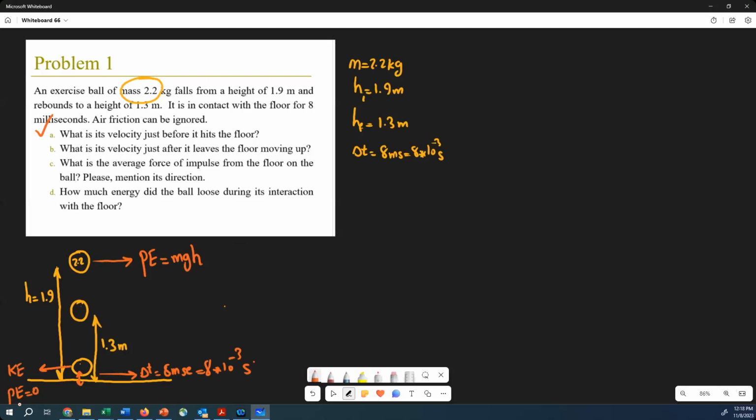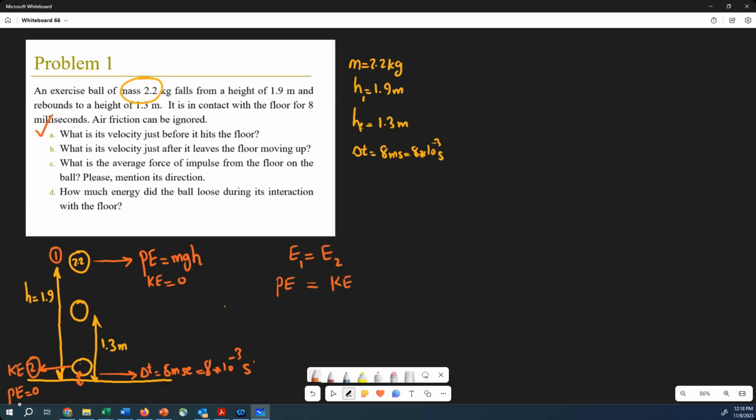But when it's on the top, the kinetic energy is 0, because it's dropped. We call this situation number 1, and this situation number 2. So the energy at situation number 1 should equal the energy at situation number 2. What kind of energy do we have in situation 1? Just potential energy. In situation 2? Just kinetic energy.